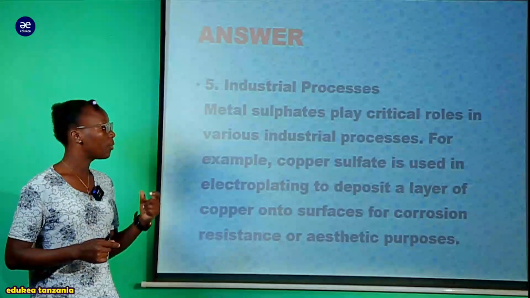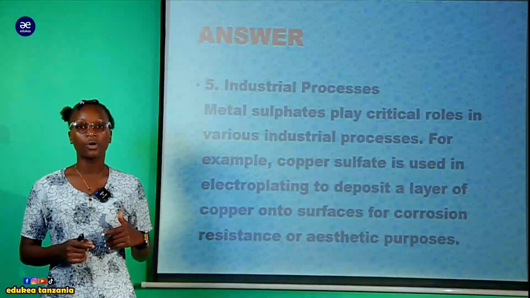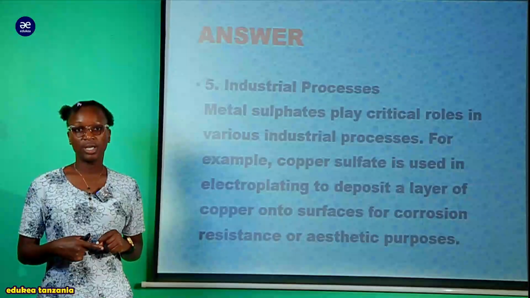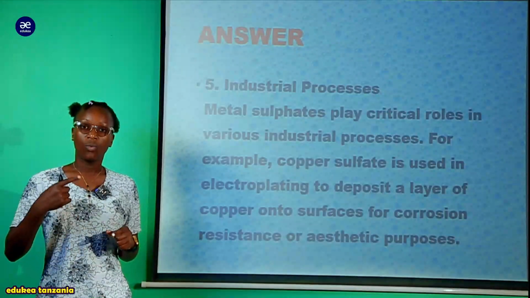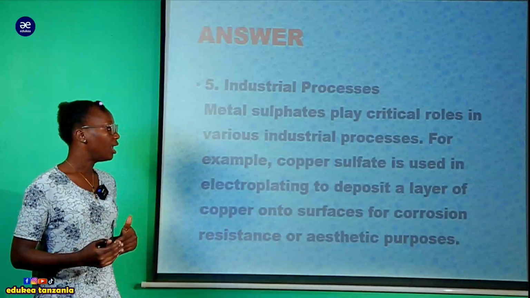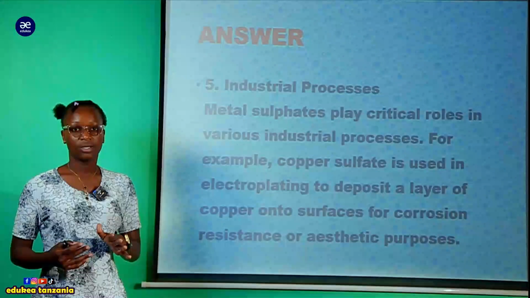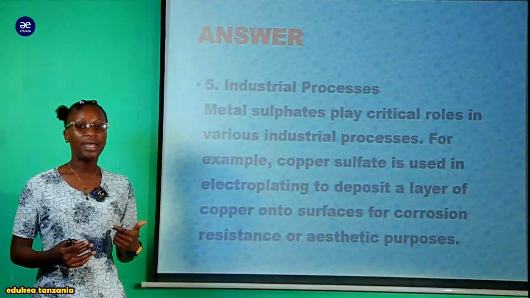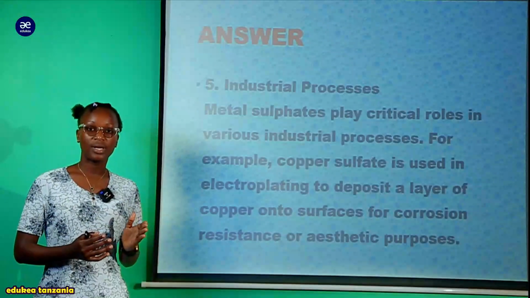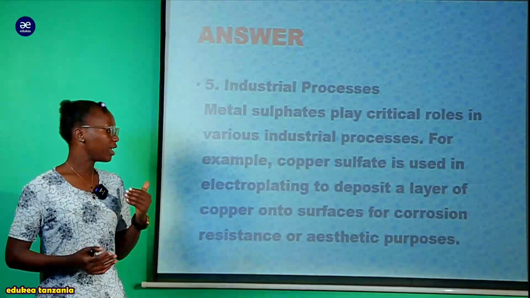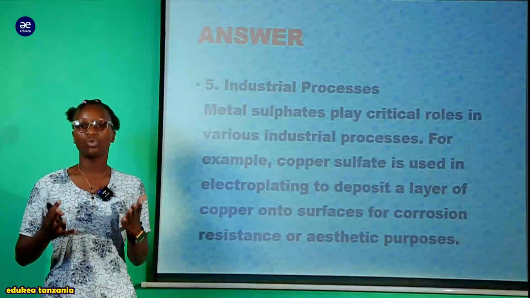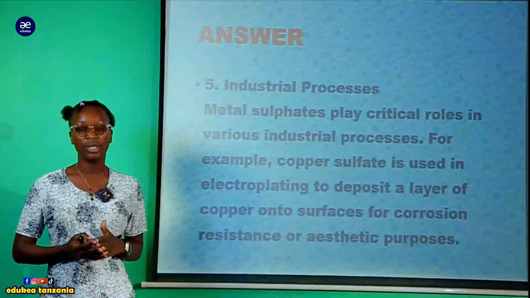So here you can see that copper sulfate inatumika kufanya hiyo deposition process. For instance, unaona kwamba one metal inakuwa covered with another metal au inakuwa tunatengeneza another layer to the metal. Na hii ni kwa ajili ya purpose ya kuhakikisha kwamba there is the resistance toward the corrosion, lakini pia kuna hizo kind of aesthetic purpose. Kwenye aesthetic purpose ni kama kile kitu kiwe na mvuto, kiwe na muonekano mzuri and so forth.